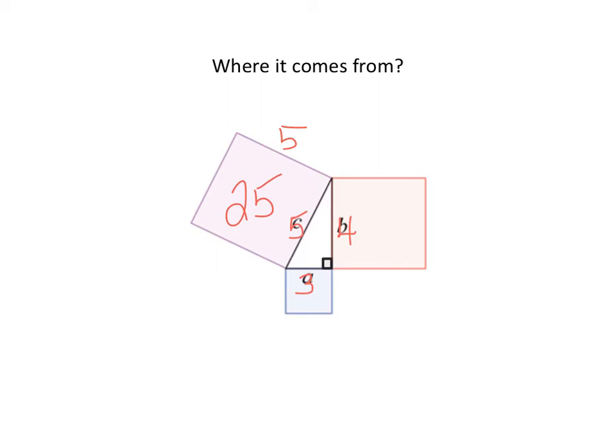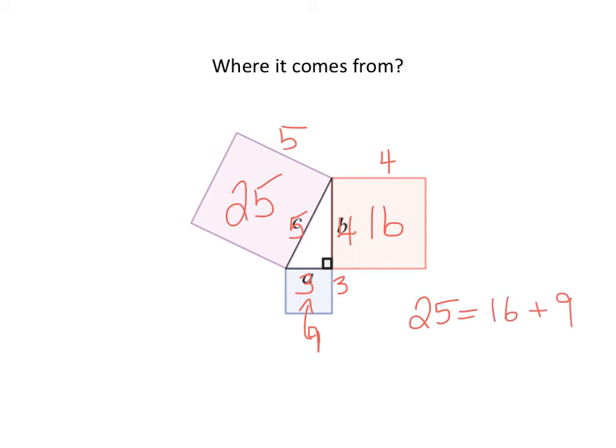If we did 4 times 4 for this square, we'd get 16. And if we did 3 times 3 here, this square right here would be 9. And if we look, 25 is equal to 16 plus 9.